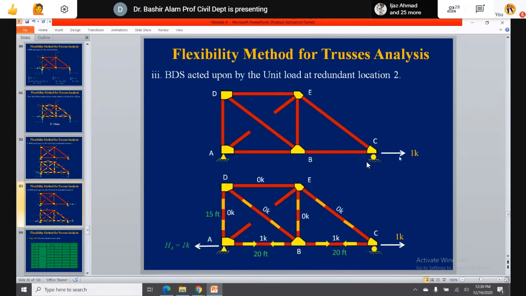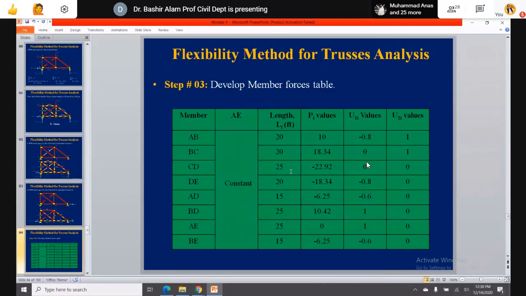Then corresponding to this AR2, a unit action is applied. It will straight away transfer here 1 kip. Rest of the member forces are becoming so very quickly you can analyze such kind of structure. U2 values are generated. We complete the table.